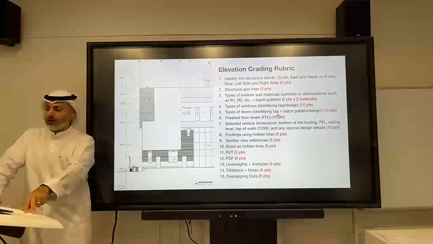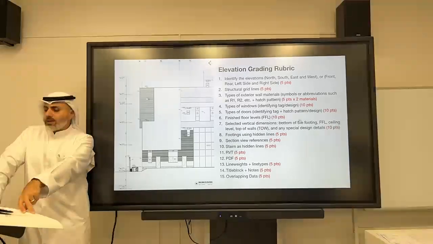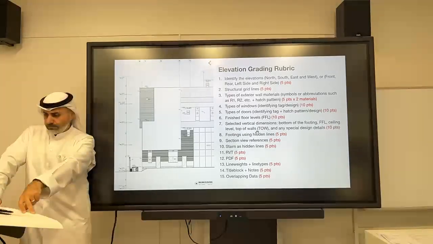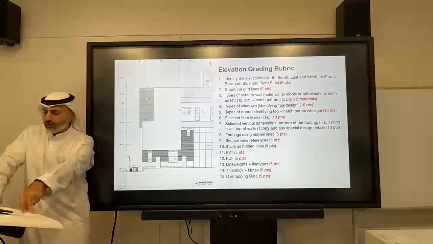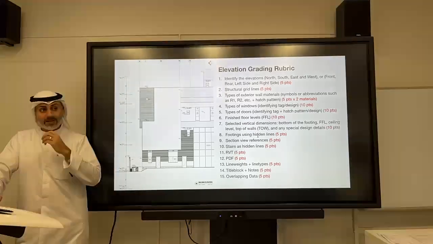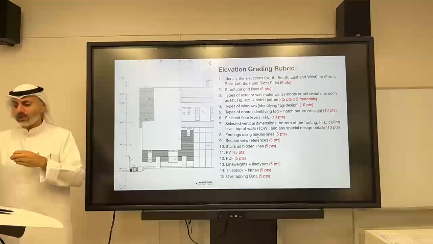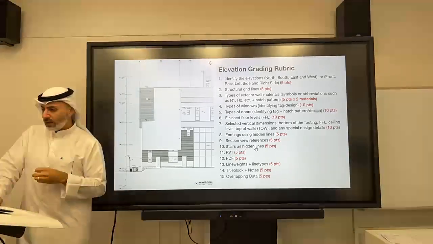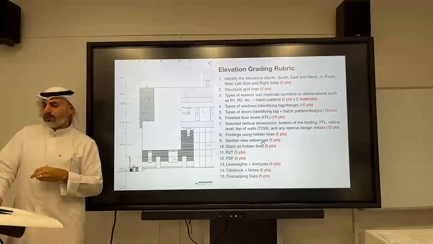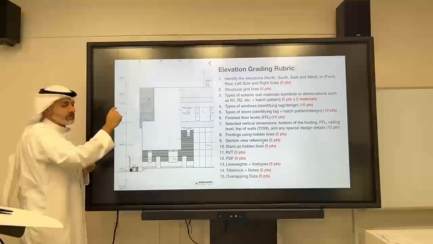We're adding the FFL, specific vertical dimensions that we're going to include, such as the top of wall that I mentioned. We will show the footings, the structural foundations, using hidden lines. So we'll draw them showing dashed hidden lines. We will show the section view references, so where you're cutting through a section, that will show as well.